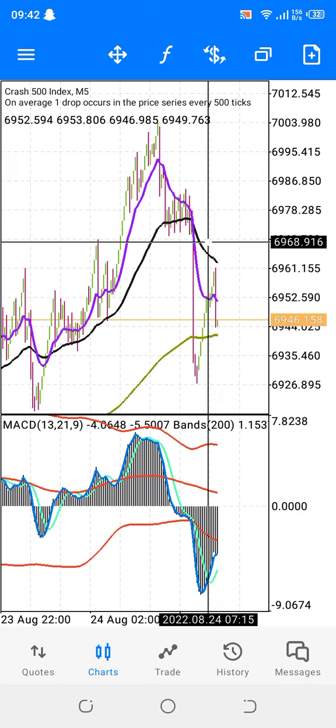When they cross each other showing upward direction, it means you must not be in a selling position. The same goes for boom: if they cross each other showing downward direction on boom, it means you must not be in a buying position.